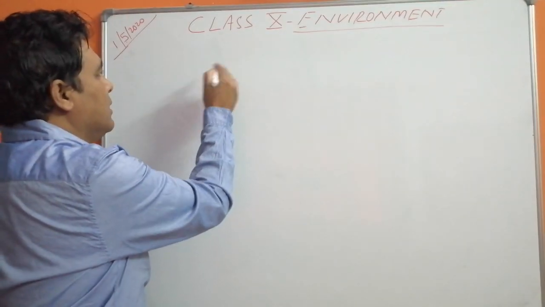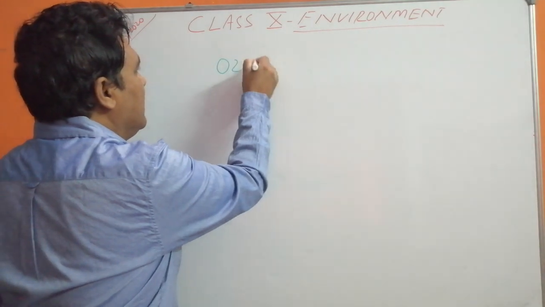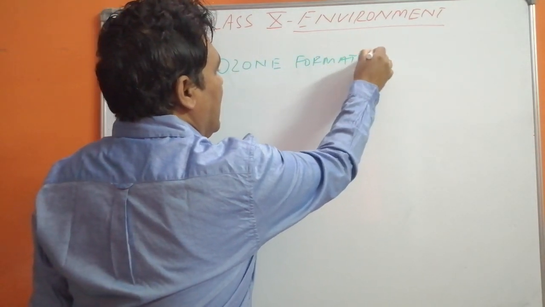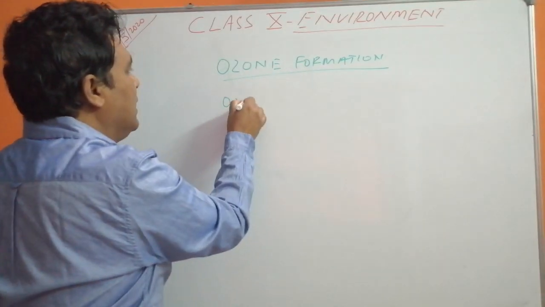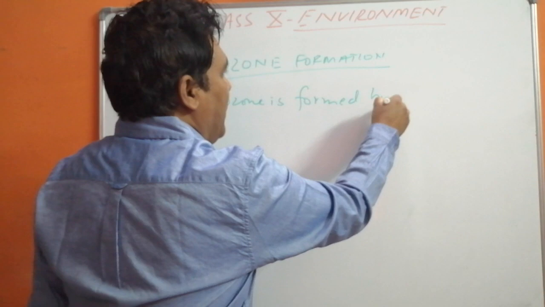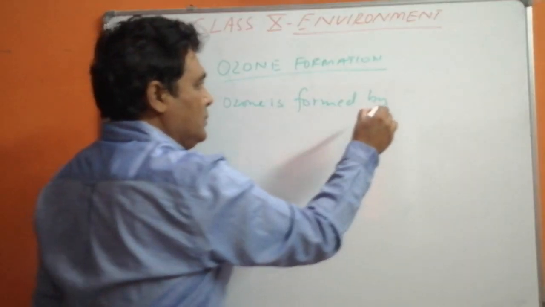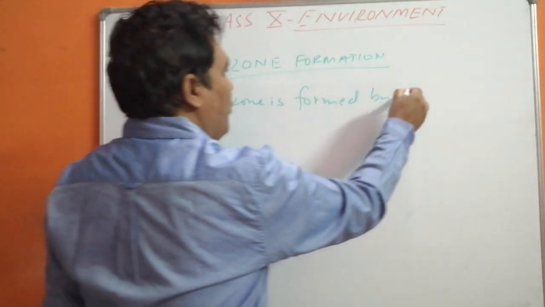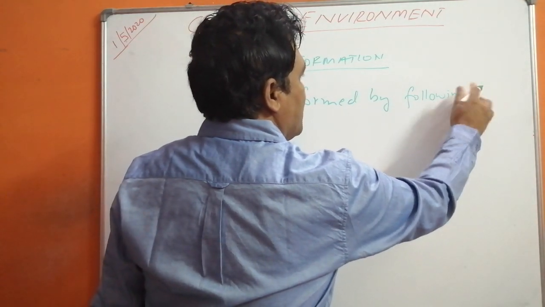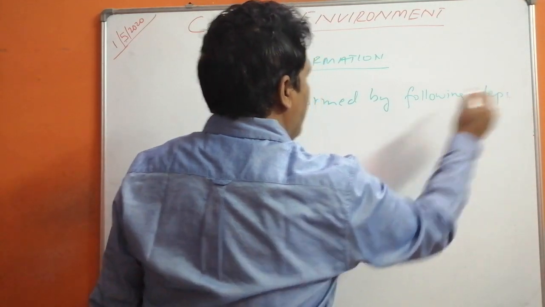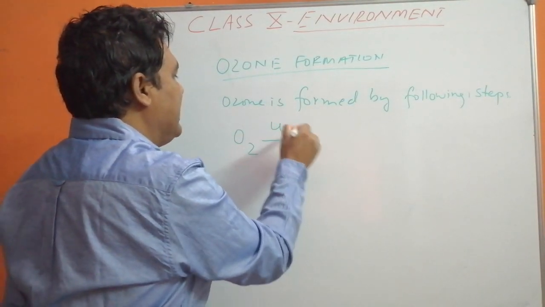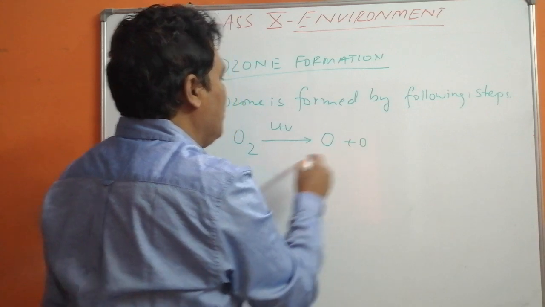Now coming to ozone formation. Ozone is formed by the following steps. First, O2 is broken by UV itself into O plus O. This is the breaking.